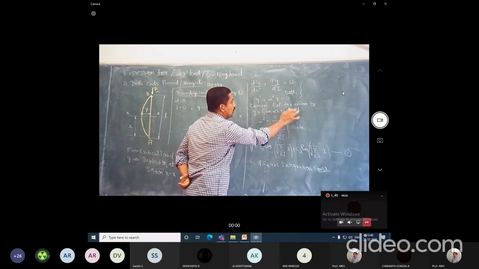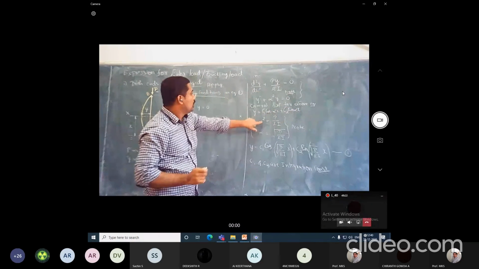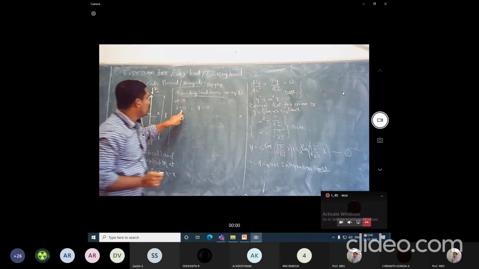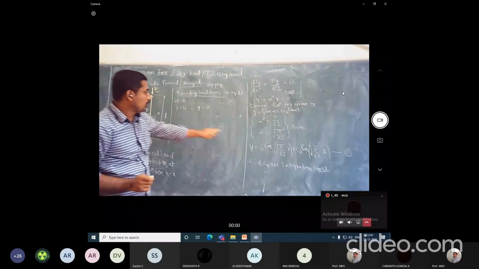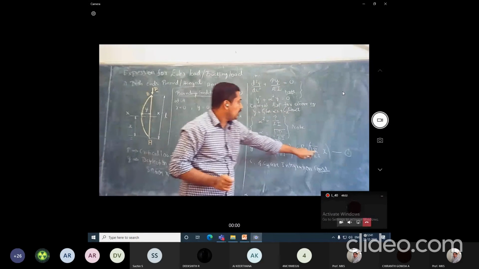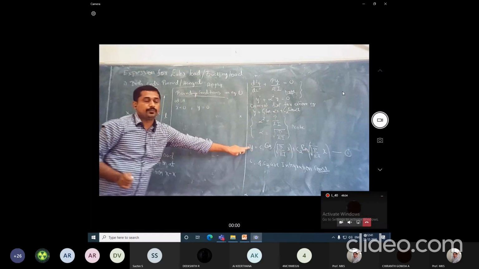So it was written wrong. So that you find out the constants C1, C2, apply these boundary conditions. At x is equal to 0, substitute 0, and y is equal to 0 here.